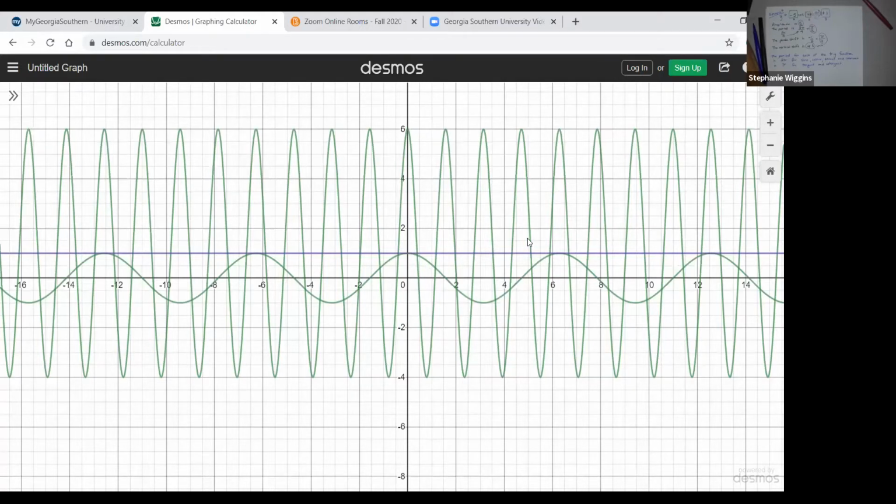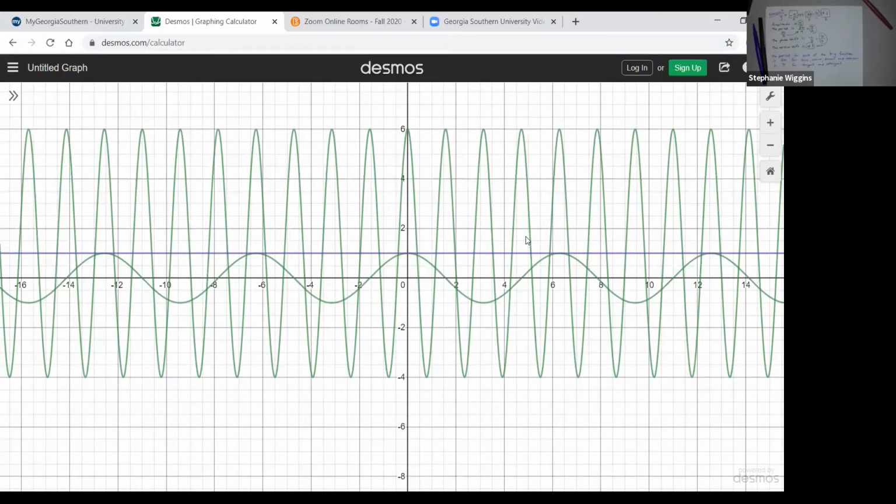And that's because of the 4 times x in the problem. And then you have your phase shift, which is pi over 4. And this is a cosine function.